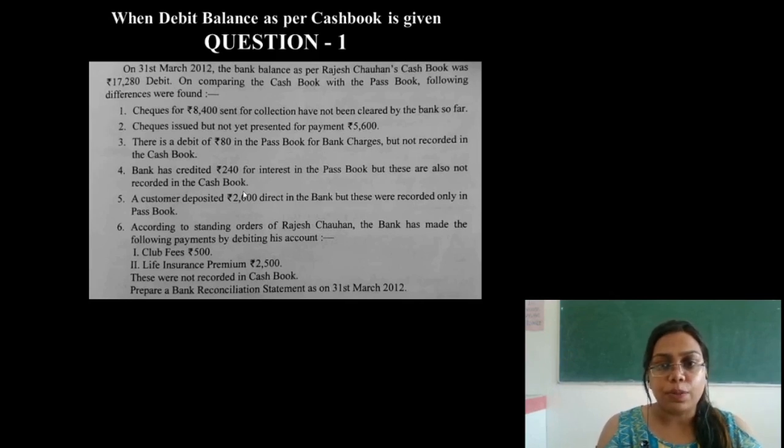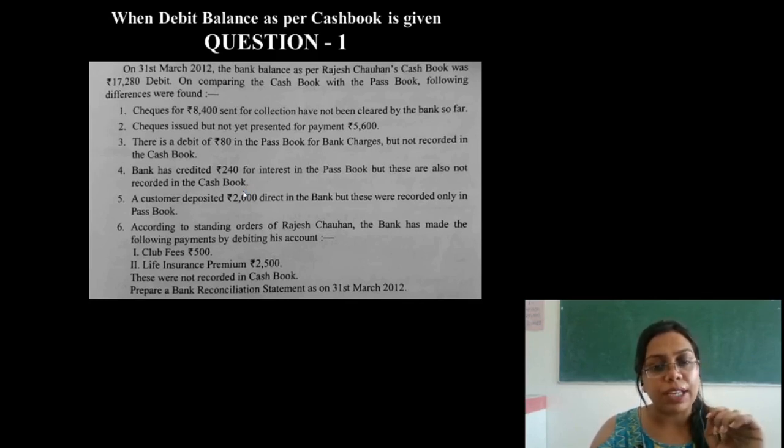On comparing the cash book with the passbook, the following differences were found. The first difference: checks for 8,400 sent for collection have not been cleared by the bank so far. Second difference: checks issued but not yet presented for payment, 5,600.